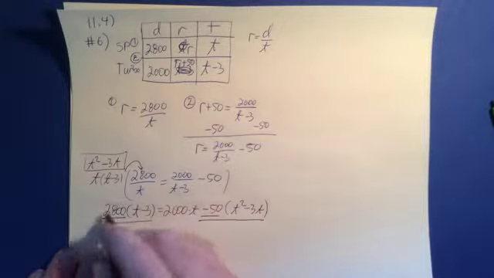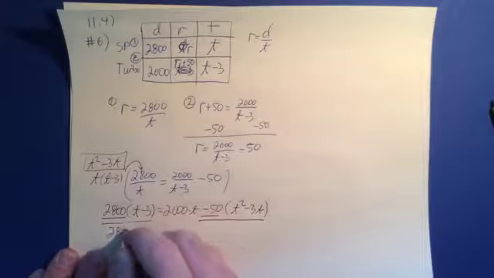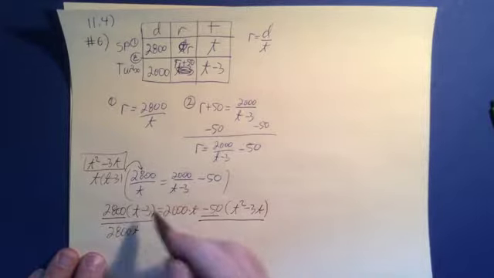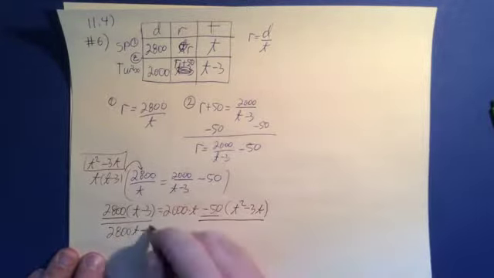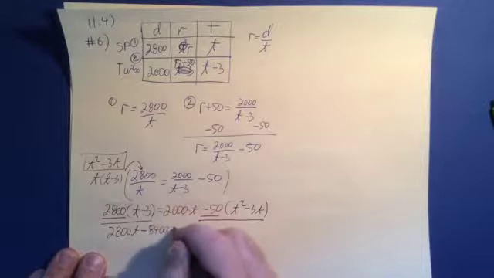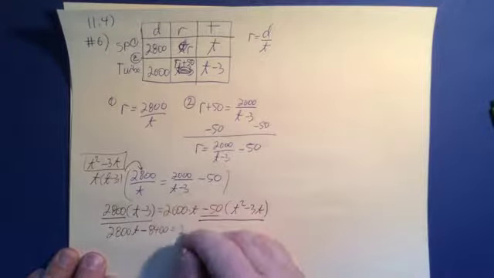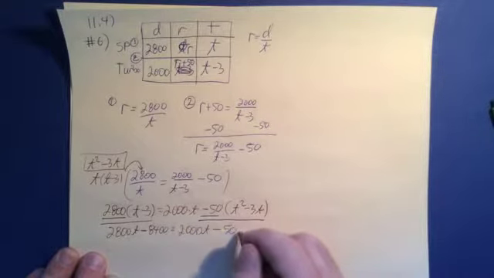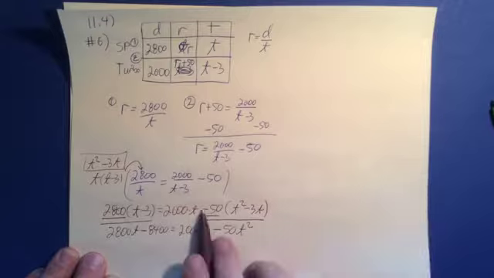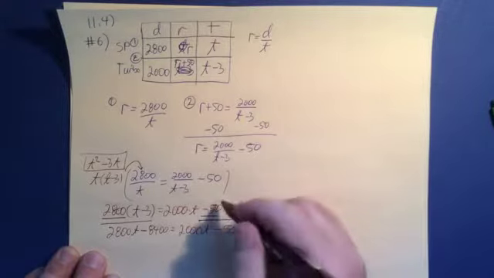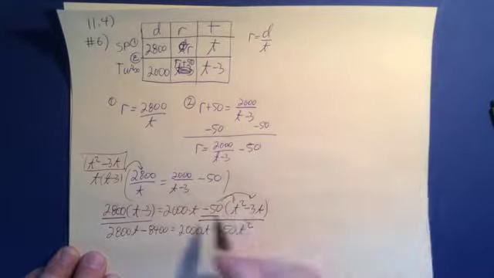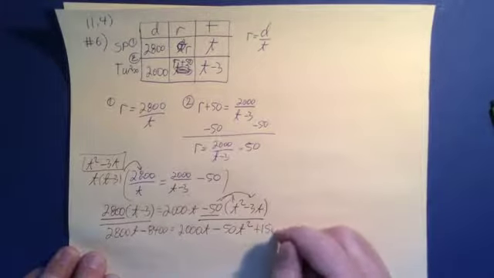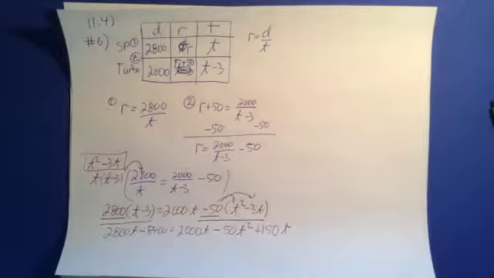This is going to be 2,800 times T, which is 2,800T, 2,800 times negative 3, which is minus 8,400, equals 2,000T. Now, minus 50 times T squared will be negative 50T squared. Negative 50 times negative 3T is going to be positive 150T.